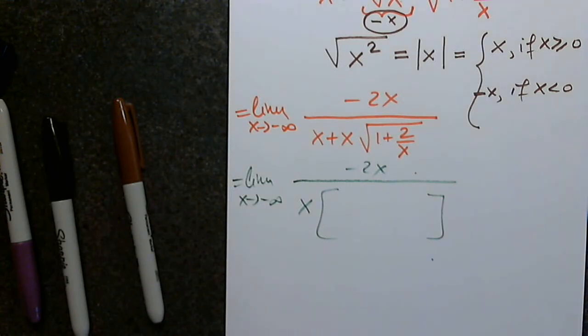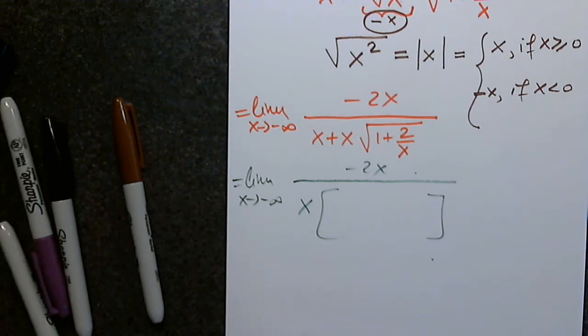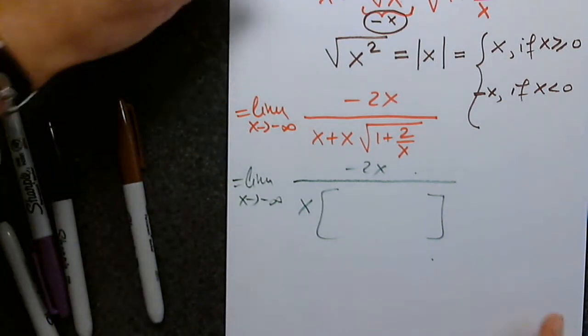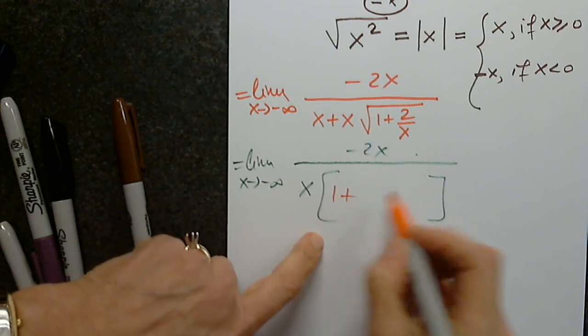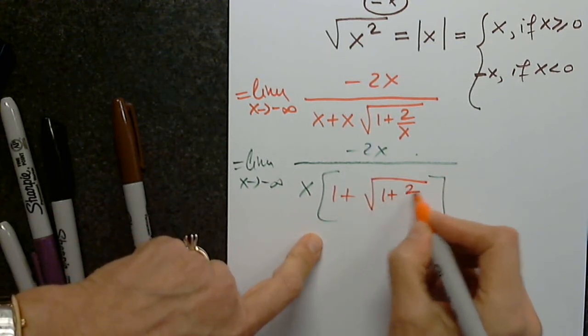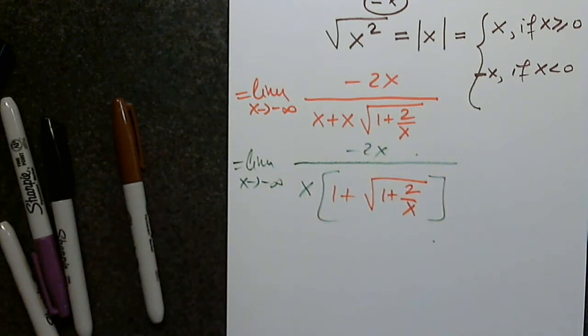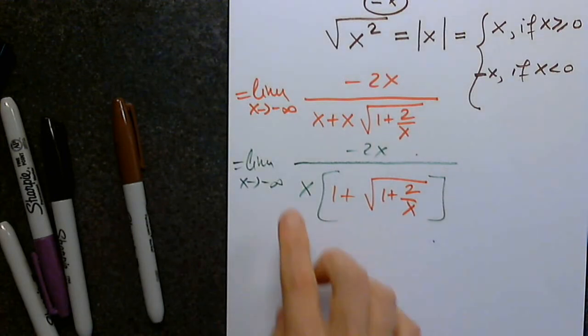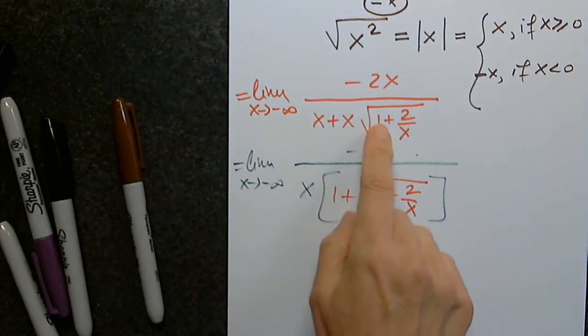Of course, all these steps are necessary because I need to get rid of this, and I need to get rid of this. So then, what is left with the x? Because x times 1 is this and x times this is this, correct?